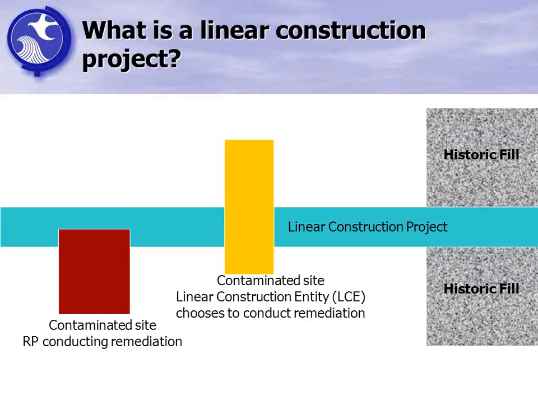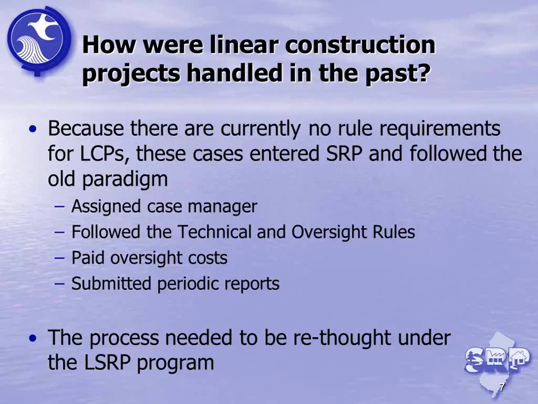The yellow box, for those of you who are colorblind, is an example of a site where the linear construction entity has agreed to do the remediation work. It could be a gas station or something they run into that they've decided, based on their design and their schedule, that they want to do. So you get an idea of what those look like or what they involve.